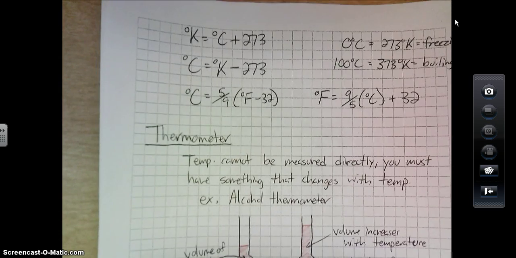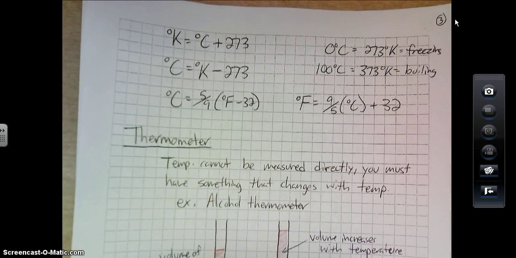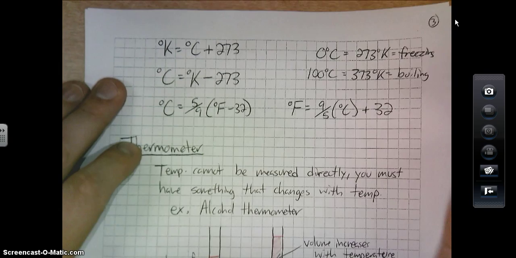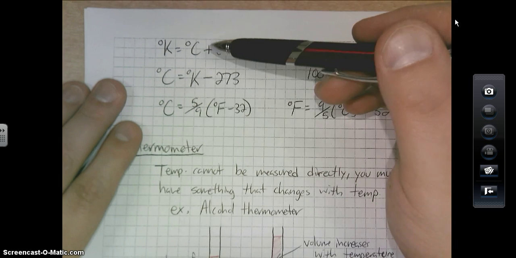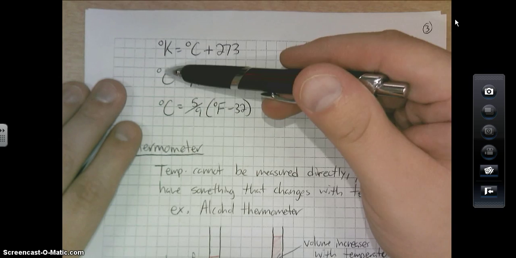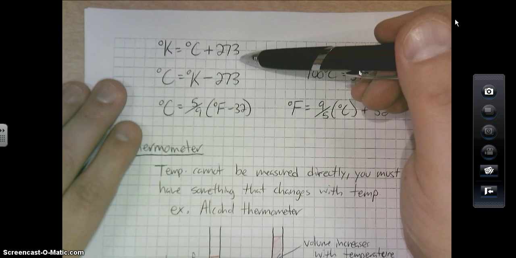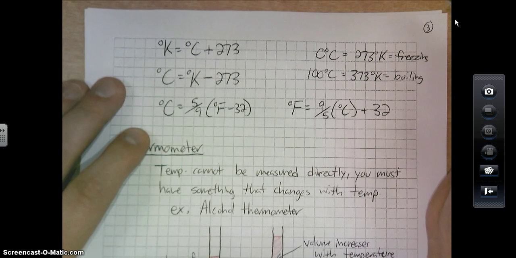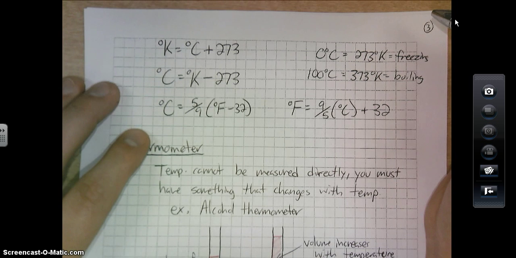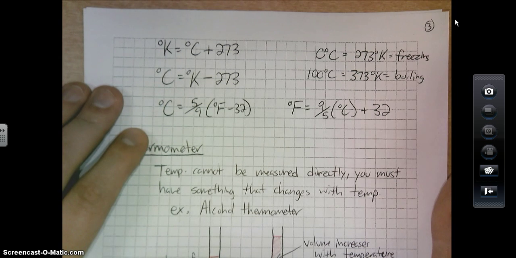I've drawn in here some equations that you should probably be familiar with, for converting from Celsius to Kelvin, or from Kelvin to Celsius. These are going to be important to use. Just keep in mind that whatever degrees Celsius you have, if you add 273, you'll get Kelvin.